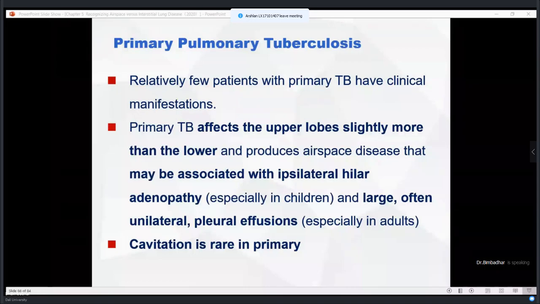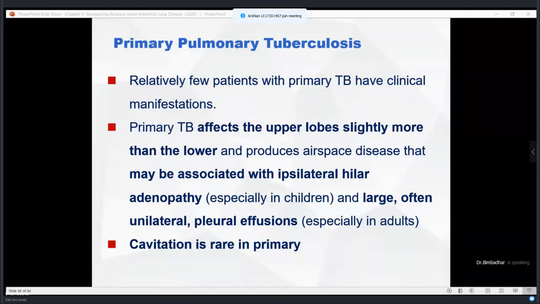Yes, people, I think you know very well about tuberculosis. The most important first diagnostic criterion that a person should have in tuberculosis is productive sputum.